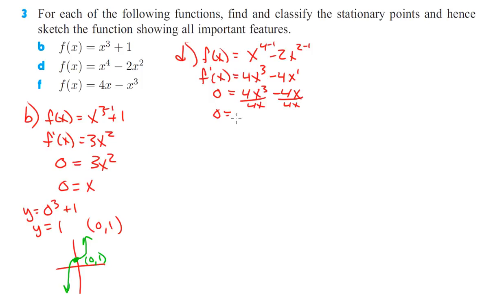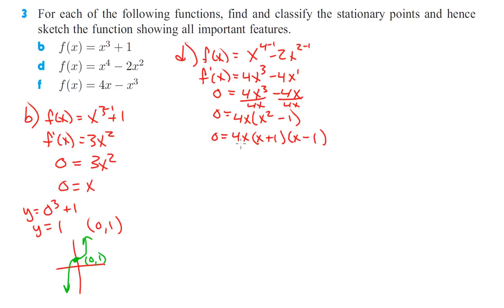So we've got 4x times x squared minus 1. We can factor this farther, because this is a difference of perfect squares. So x squared minus 1 factors into (x plus 1)(x minus 1).